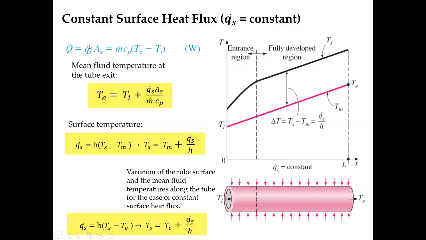In order to get the Q on the surface, you need to divide by A_s, and then you get the q_s.